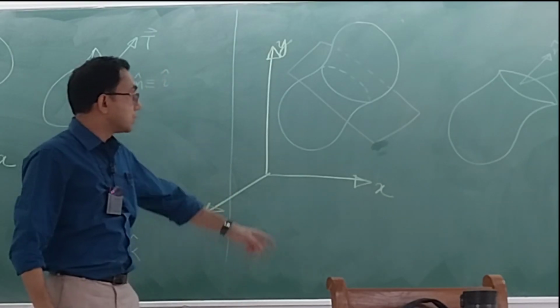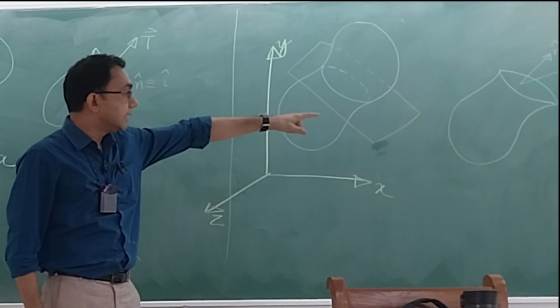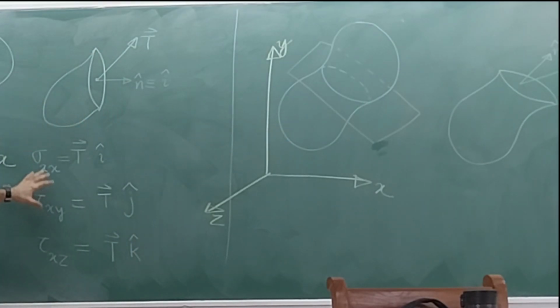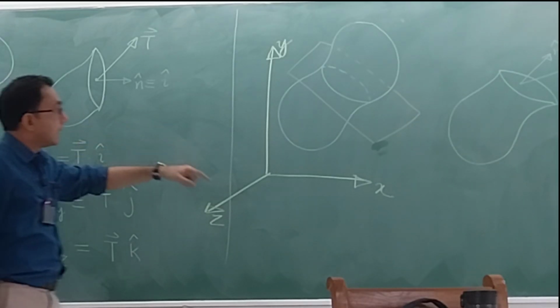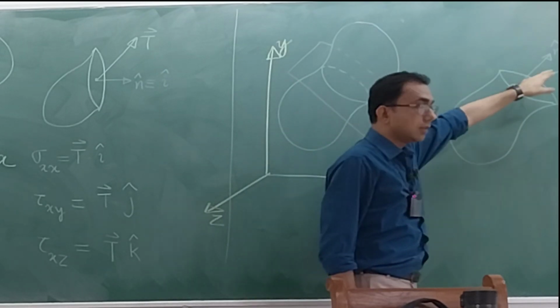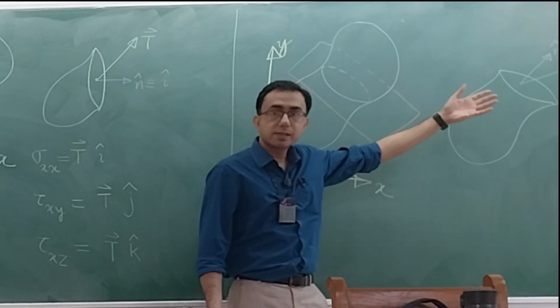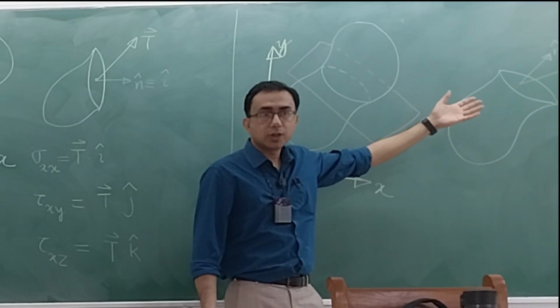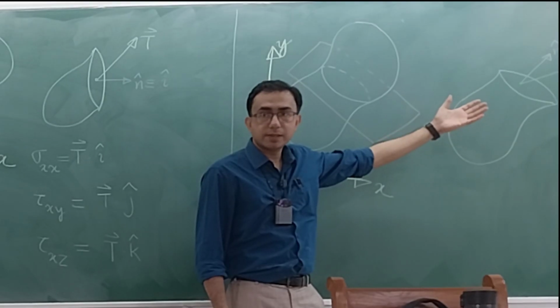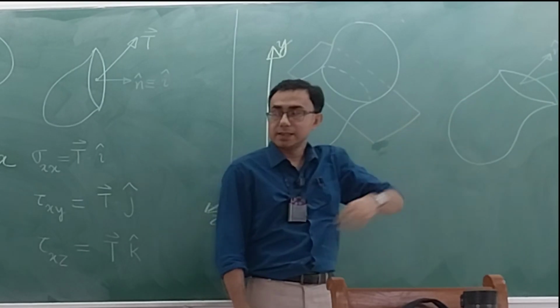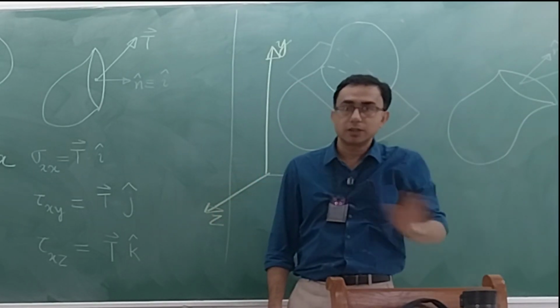Please do not confuse those Tx, Ty and Tz with these things. These are uniquely specified only and only when you have taken the cutting plane like this. But when you have taken an arbitrary cutting plane, then also you will have a traction vector, and that traction vector, being a vector, will necessarily have x, y and z components. These are separate things. Do not confuse this with this.